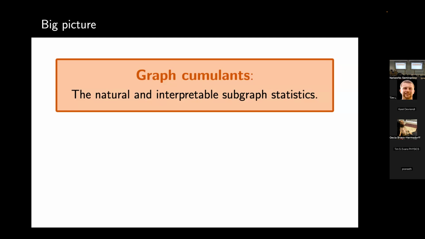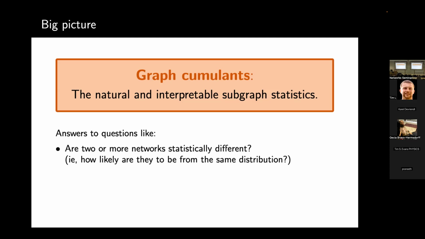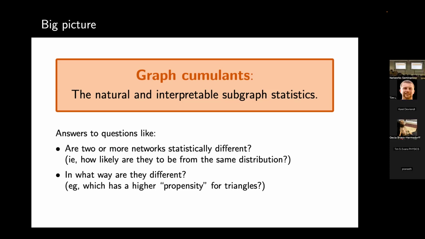I promise I'm not just playing favorites. Graph cumulants really are a very nice set of subgraph-based statistics that quantify the relational structure of the data. They have nice mathematical properties and intuitive interpretations, and they have already proven to be useful in practice, as I'm going to show in a very neat example with a statistical test. They let us answer whether two networks are statistically different, and where the difference comes from.